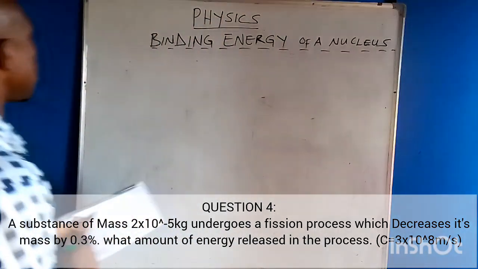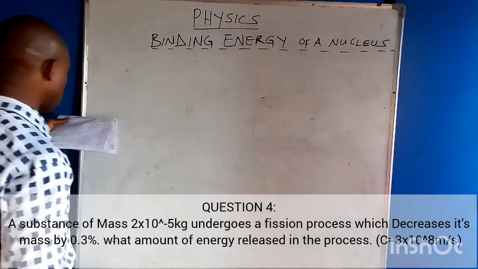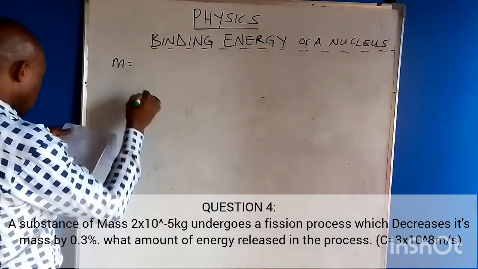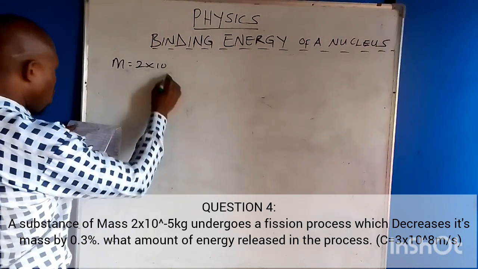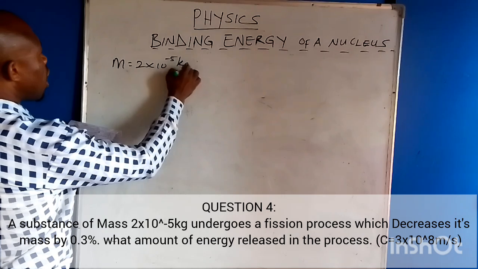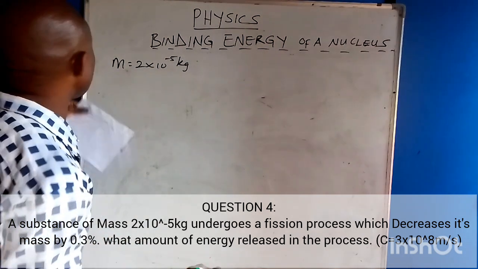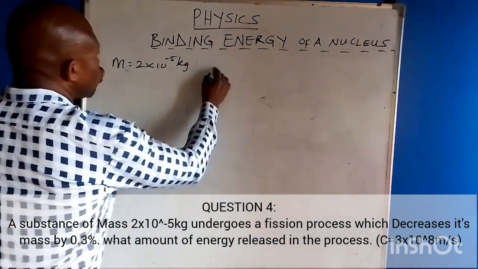Now this one says the mass of the substance is given to be 2 times 10 raised to the power minus 5 kg. It undergoes a fission process, and the mass decreases.